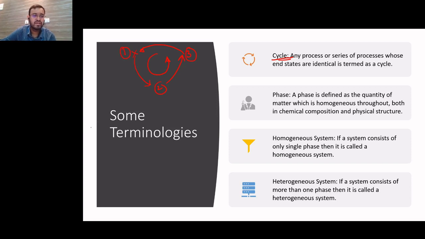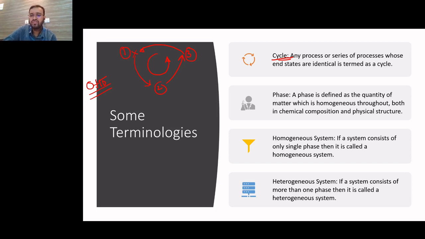Other examples of a cycle are, for example, the Otto cycle. Now the Otto cycle is used in your petrol engines. Okay, so in a petrol engine, you have a piston in your cylinder and it moves up and down, and at the end of the cycle your engine returns to its original state. So once you shut off the engine, when you restart the engine, it is not starting from a different set of parameters. The parameters are the same as the first time you started the engine, or the first time the cycle was initiated.